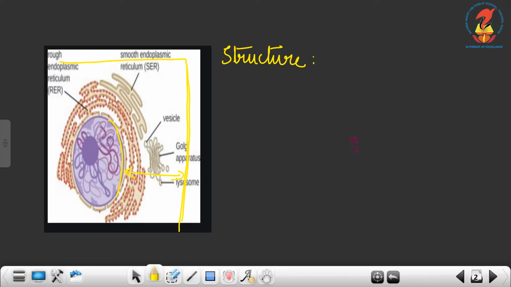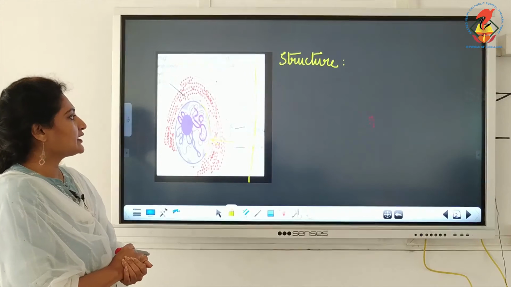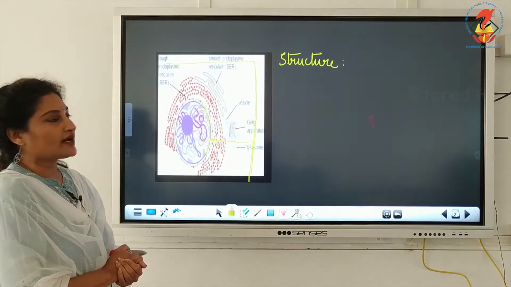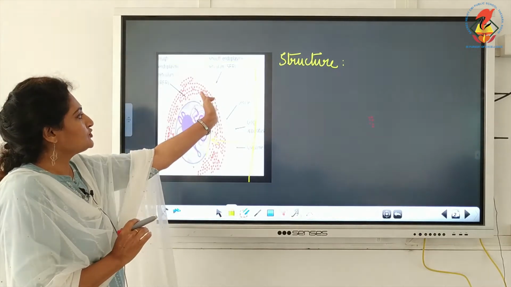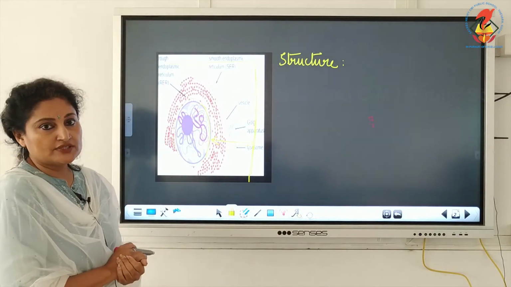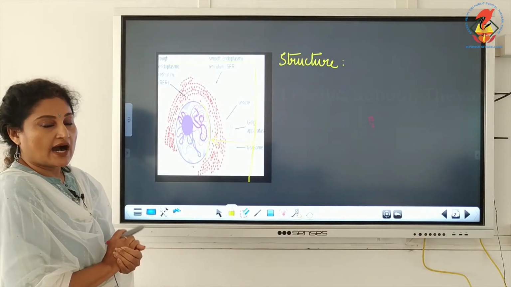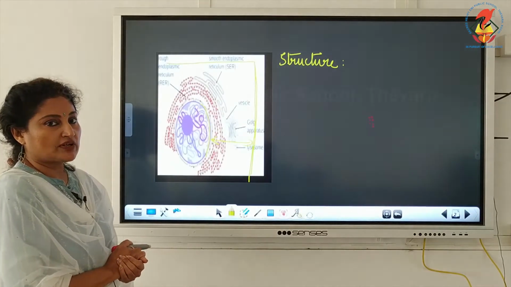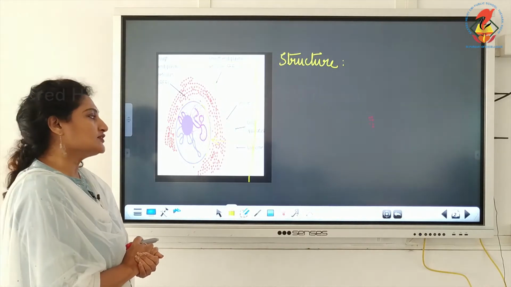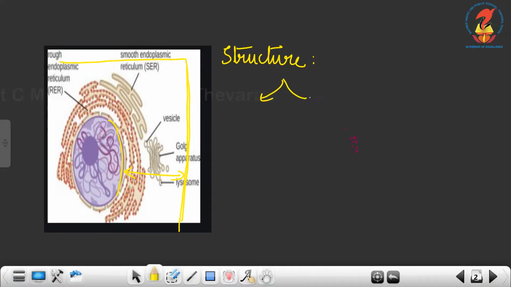The tubes which are close to the nuclear membrane are associated with ribosomes and they are called RER, and the tubes that are towards the plasma membrane are devoid of ribosomes and they are called SER. RER stands for rough endoplasmic reticulum and SER stands for smooth endoplasmic reticulum. So we can divide endoplasmic reticulum into two types, RER and SER.